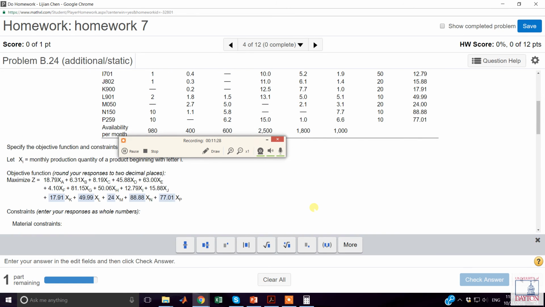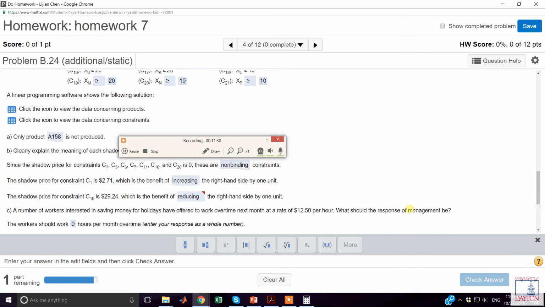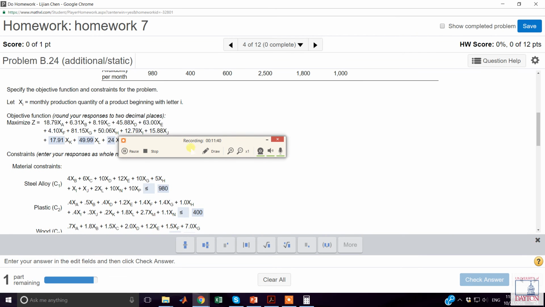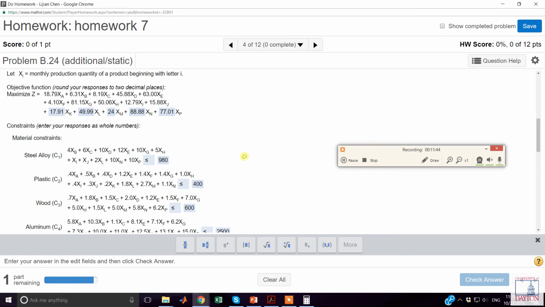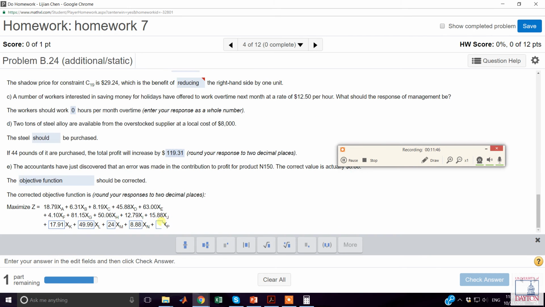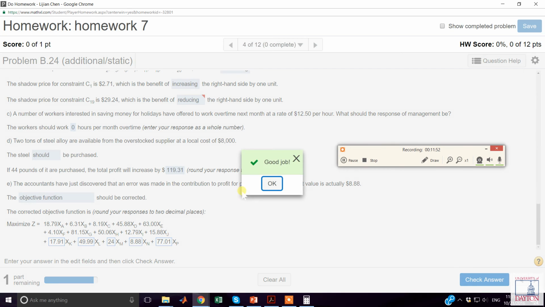XM is 24. And this one is 8.88. That's a new number. It's not 88 anymore. It's 8.88. And then the last number will be 77.01. Okay, that's what we get. So I'm pretty sure we get a correct answer.